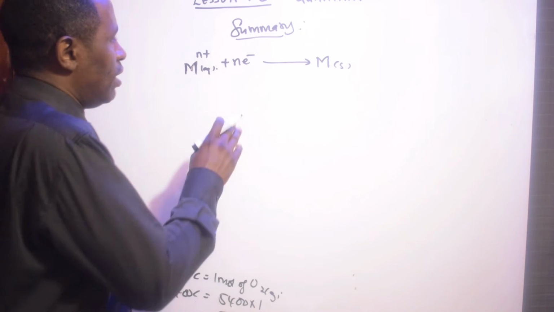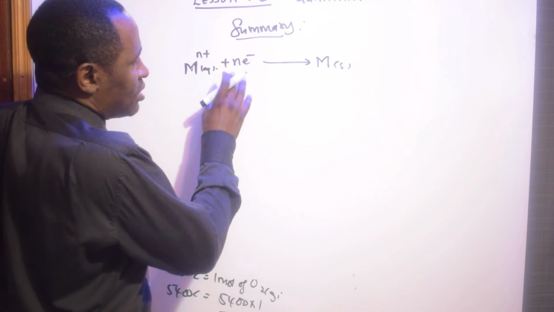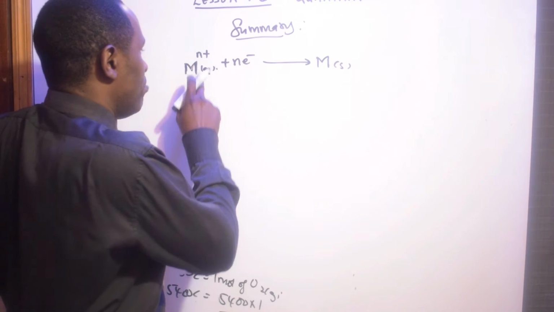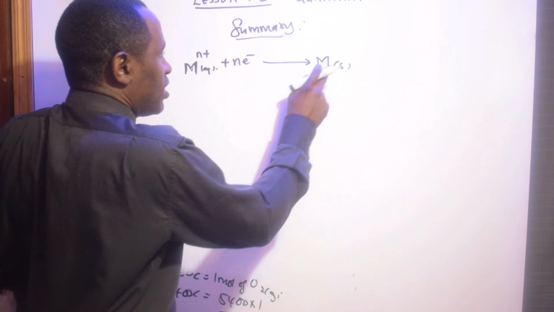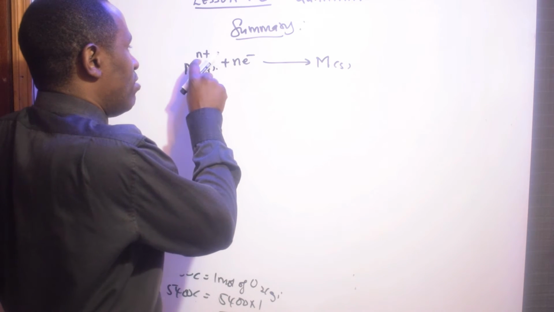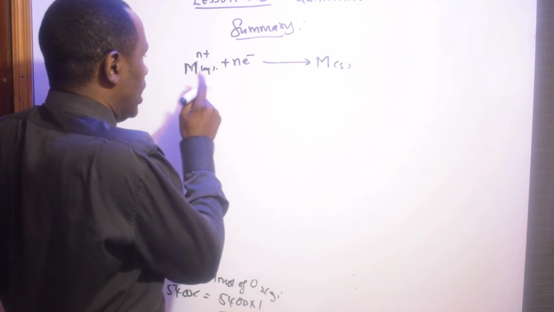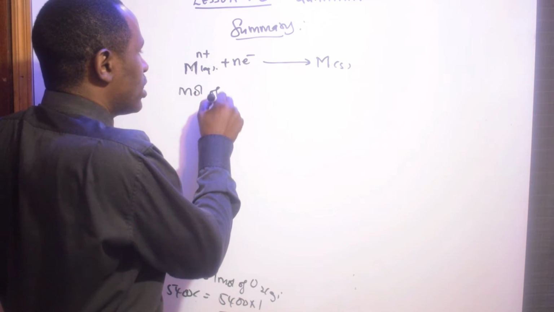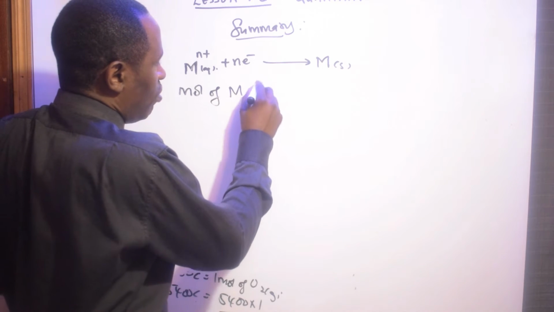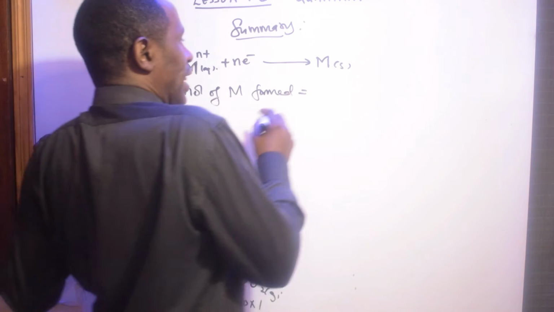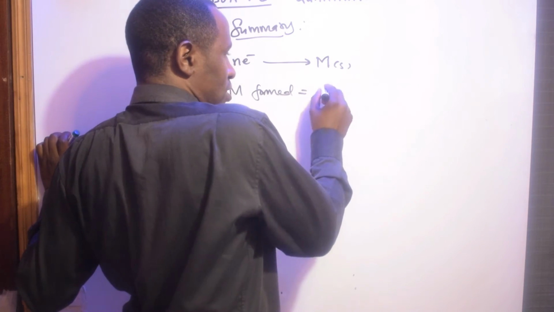If we think of a general equation at the cathode like this one, I have M^n+ plus n electrons giving us M. When I have a charge of n+, I require n electrons. Now, to get the moles of M formed, I'm going to work from the amount of electricity passed.